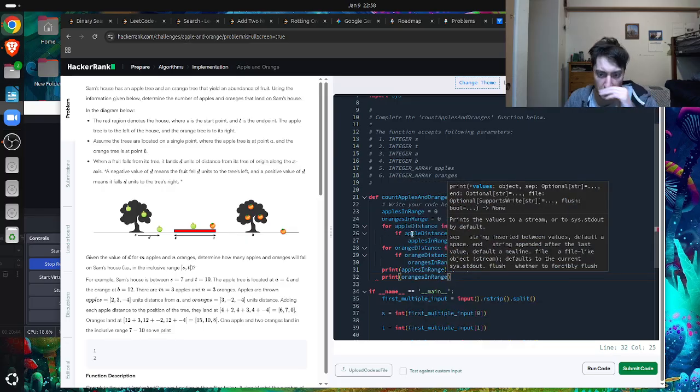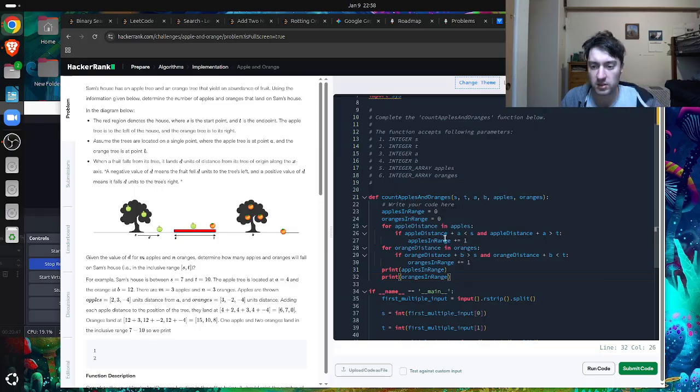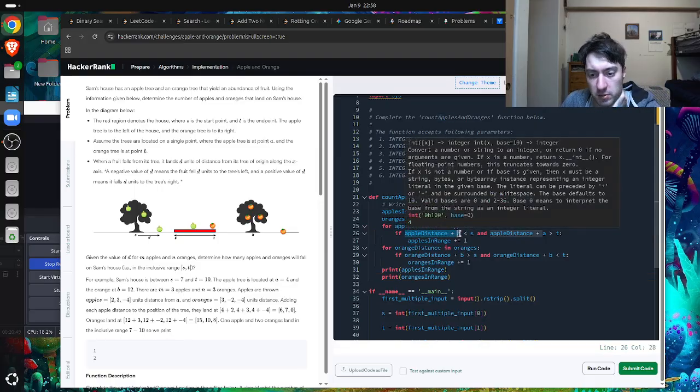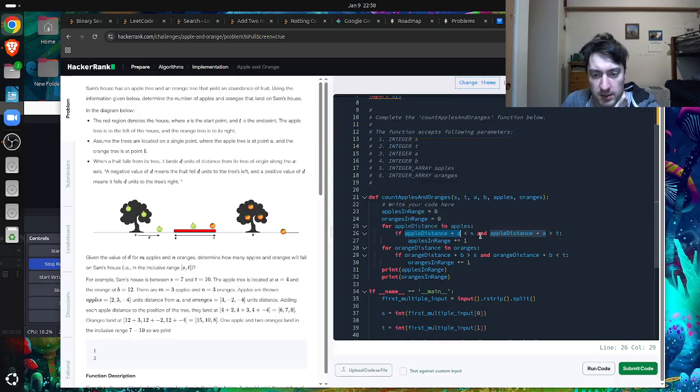Okay, so let me just go back over this code and see if this makes sense. Apple distance plus A, if that is less than S, no, that's not the region we want. If it's greater than S, and apple distance plus A is less than T, okay?